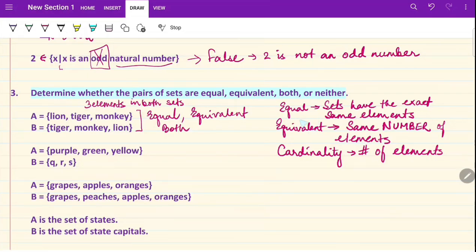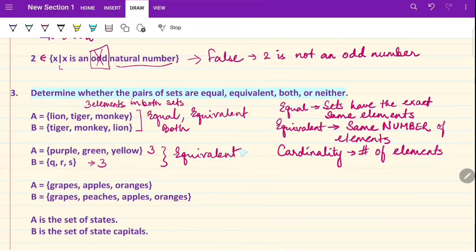So they are definitely not equal, since the element values are completely different. However, they are equivalent because set A's cardinality is 3, correct? The number of elements in set A is 3, and in set B is 3 as well. So that's what makes it equivalent.